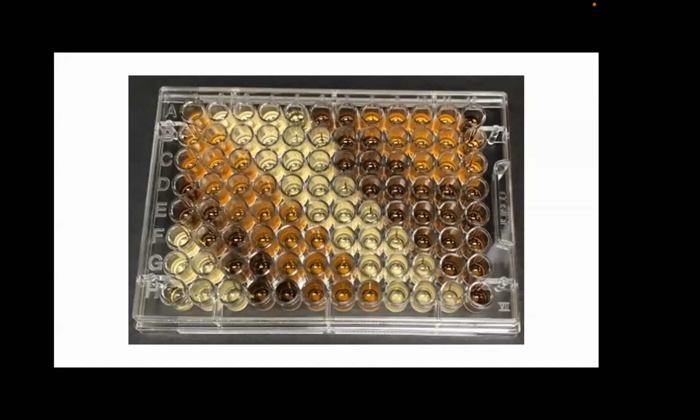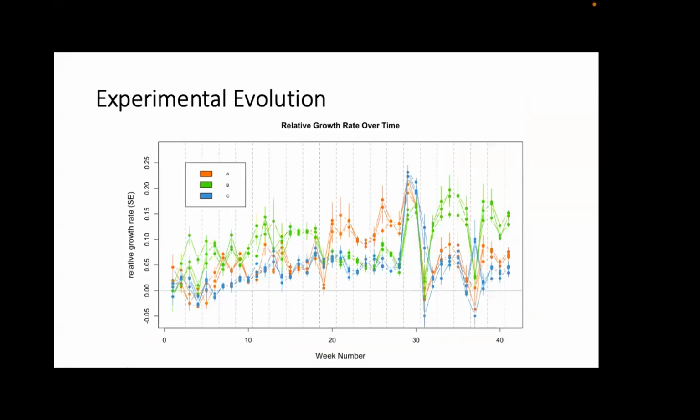As you can also see here, the media ended up being a little bit of a different color, in part because some of the metal ions do confer color to the media. This actually didn't affect our readings, since we were measuring optical density, and as far as we could tell, it made no difference what color the media was.